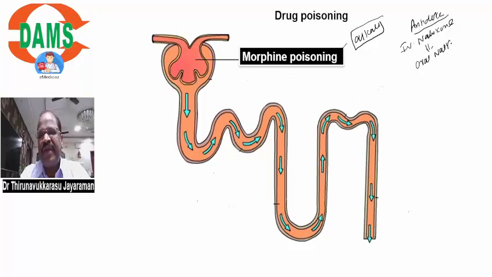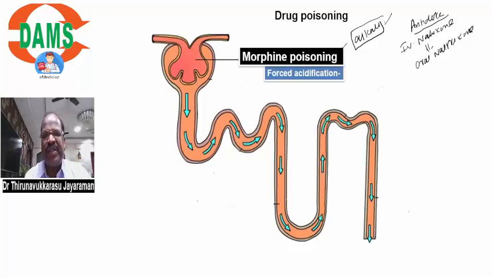Morphine normally undergoes renal excretion, so to promote excretion of a basic drug through urine, we do urine acidification. This is called forced acidification. Urine can be acidified by injecting either ascorbic acid or by using ammonium chloride. So the message for the first question: drug absorption means non-ionized form, excretion means ionized form.